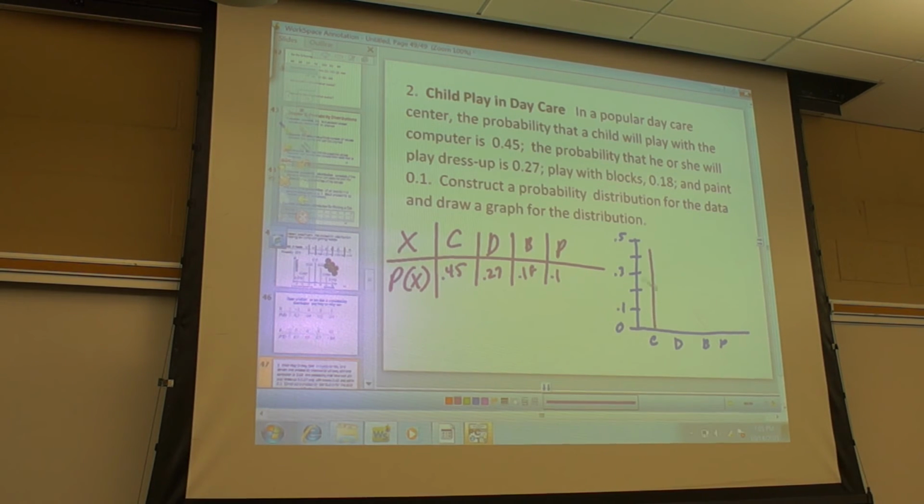This one goes up to 0.27. This one goes up to 0.18. And so something along those lines. Good? It should not look like this. That's no good. Because these are discrete, they don't touch.